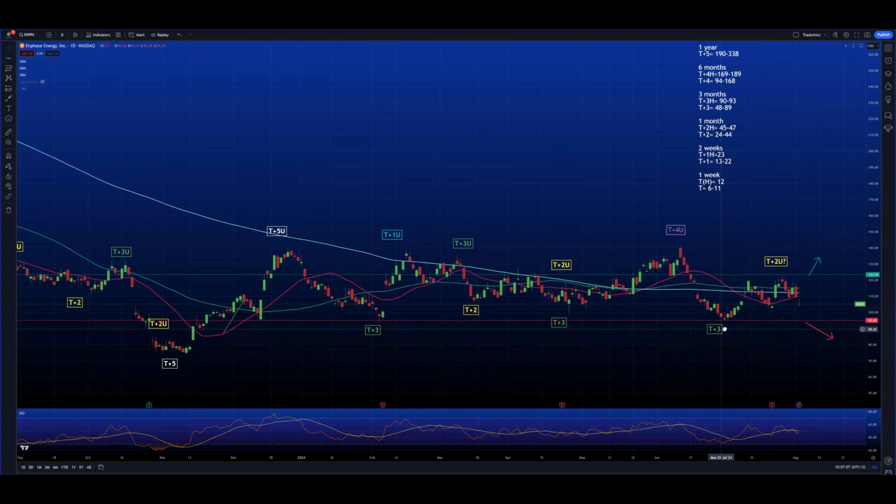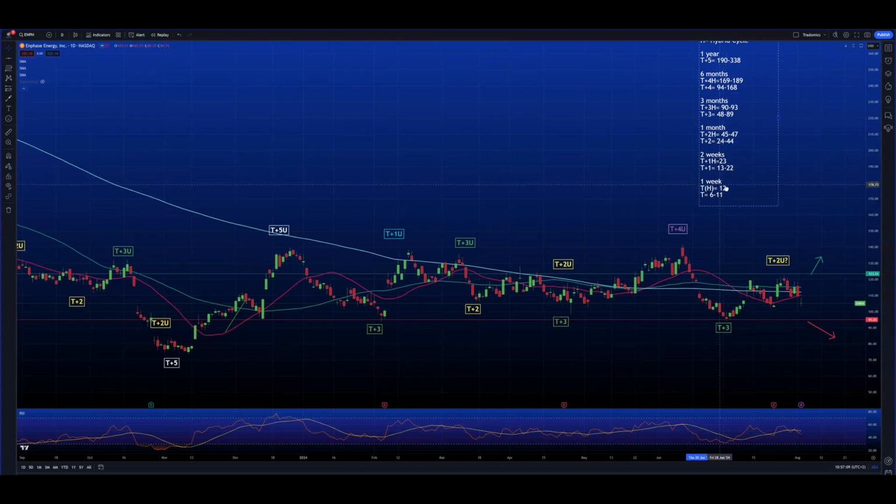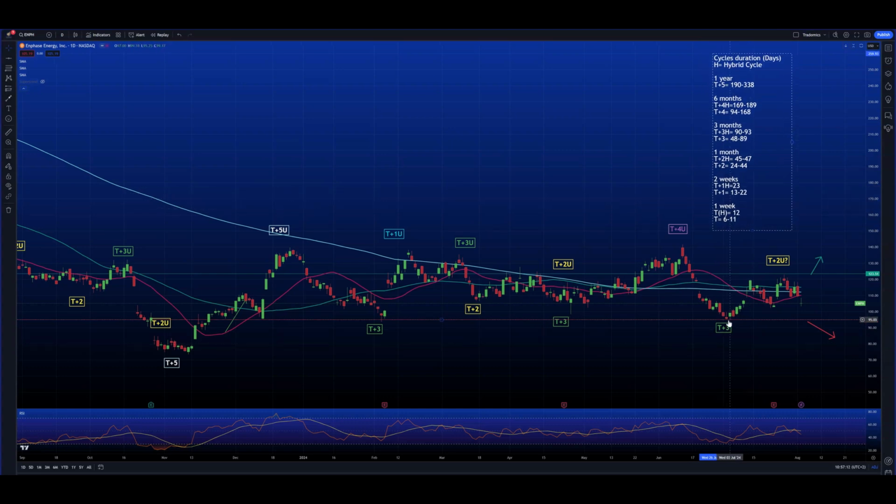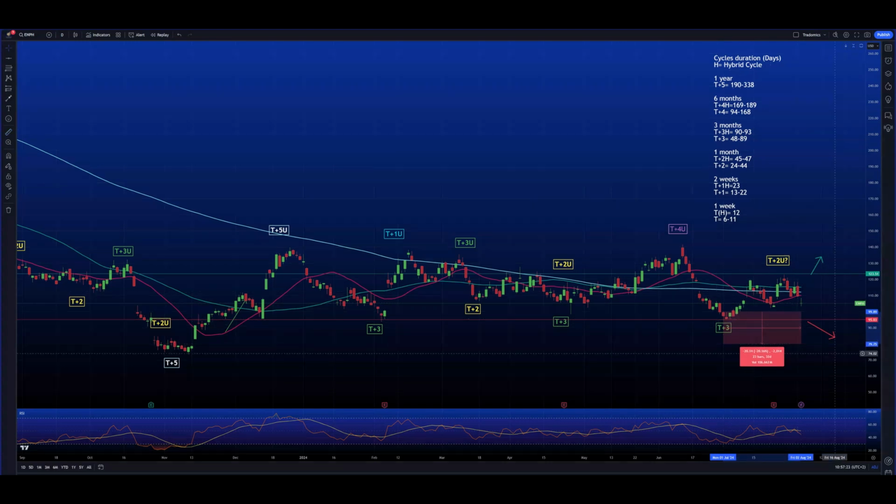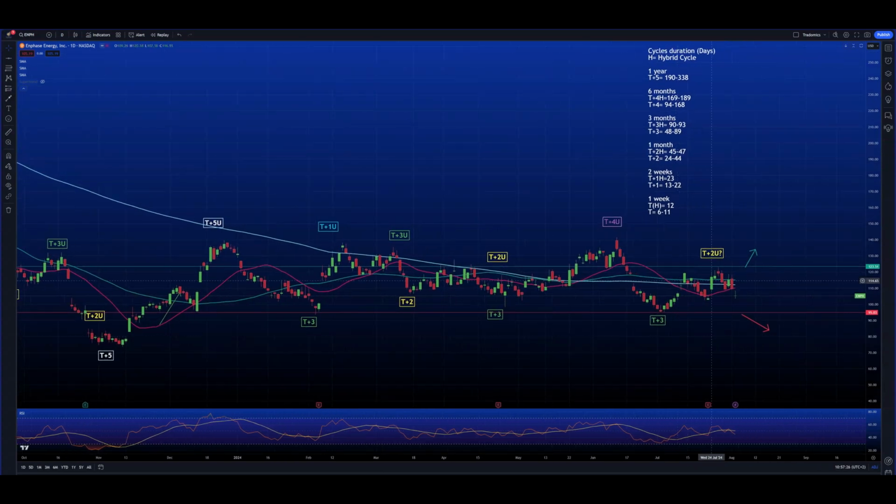Why that? Because here we have a T plus 3. So if this low will be broken, and now we have reached a total duration of 23 days. So if in the next weeks this low will be broken, basically the cycle will turn into negative. And once it's turned into a negative cycle, then we can expect that the future direction of the price will be just to the downside until the minimum duration of this T plus 3, which is basically 48 days.